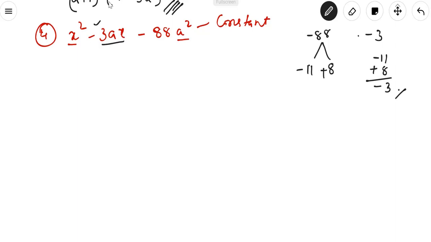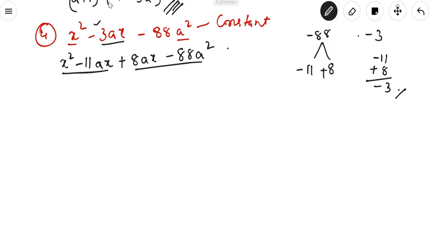So I'm going to write this equation now. X square minus 11ax plus 8ax minus 88a square. Now I will make two groups: these two as one group, and these two as another group.